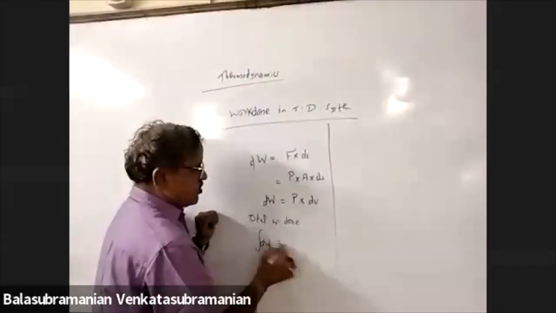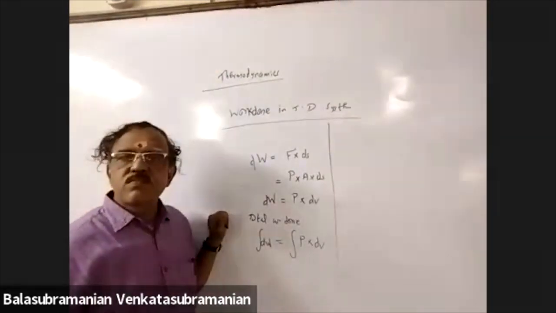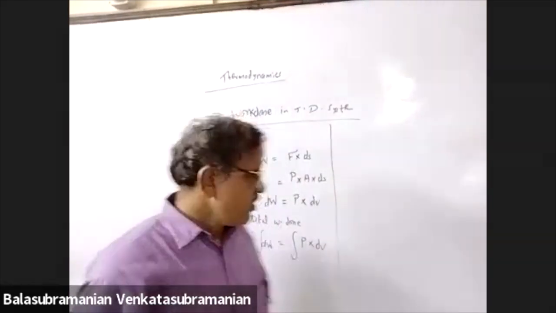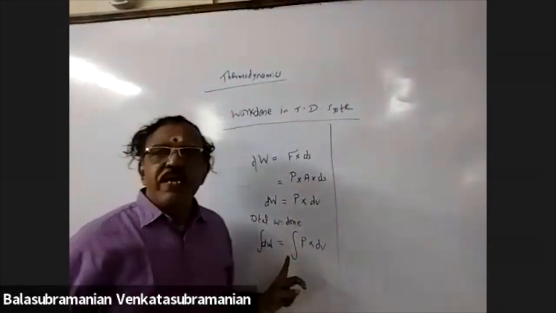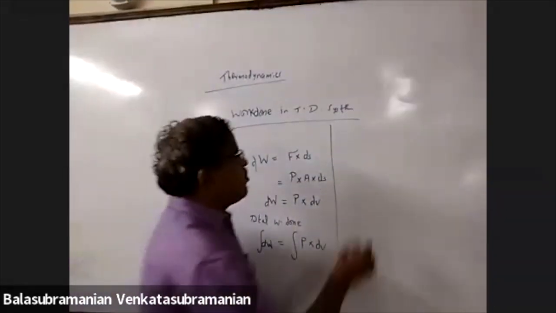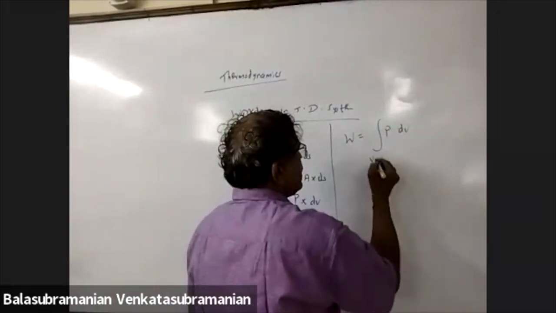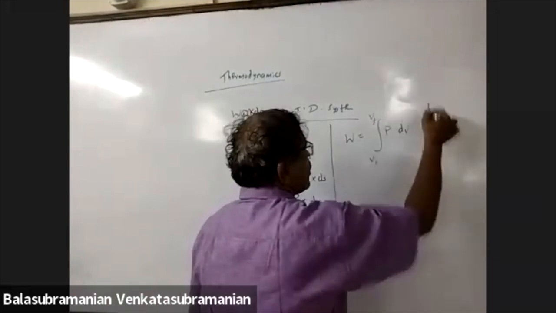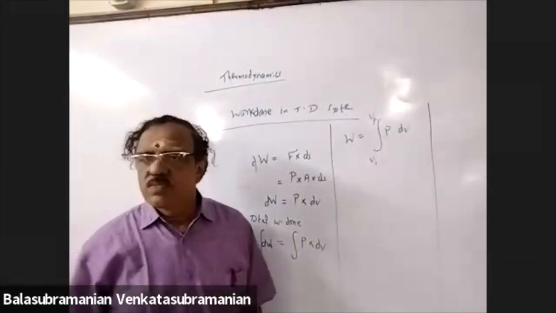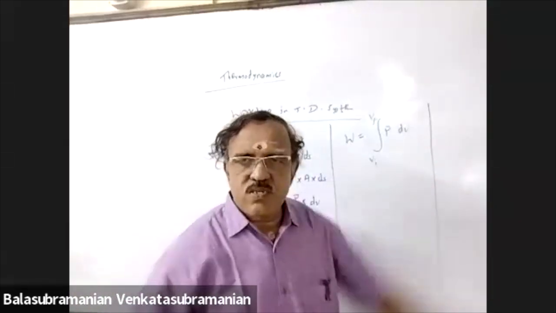Integral dW is equal to integral P dV. What is integral dW? W. Integral from initial volume to final volume, right? So this is called work done in thermodynamic process.